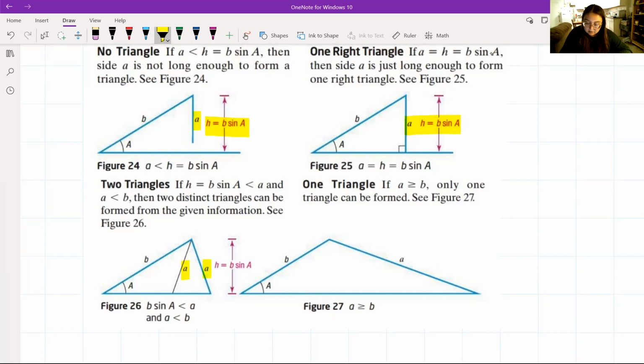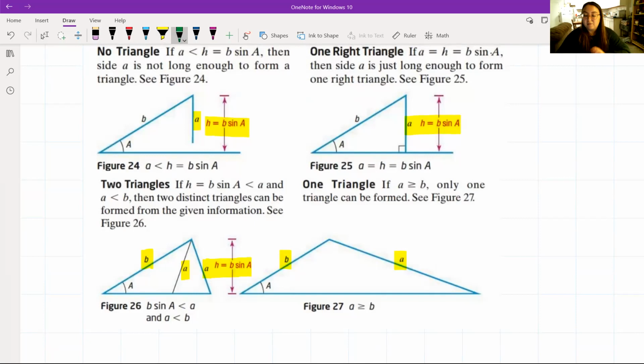So we see here two values of a, where one is going to be greater than h equals b times sine of capital A, and then this a in the middle here that is less than our side b. Then for our one triangle, we're stating that if this length a was greater than or equal to this length b, then we only have one triangle to deal with anyways.